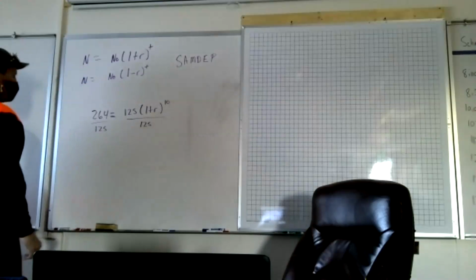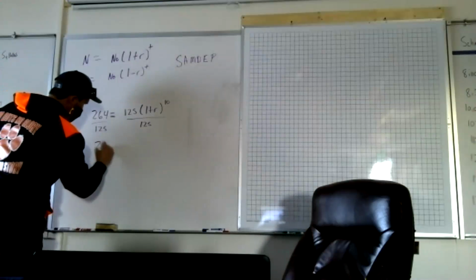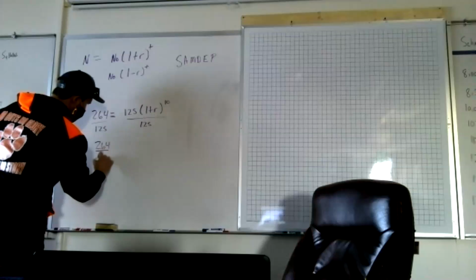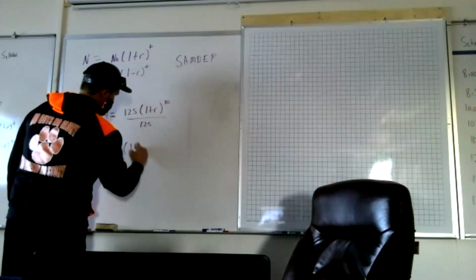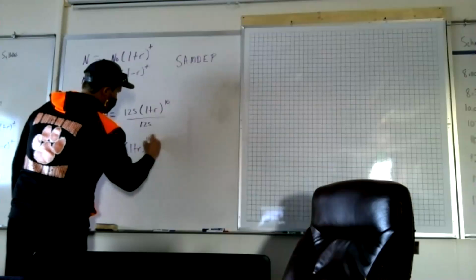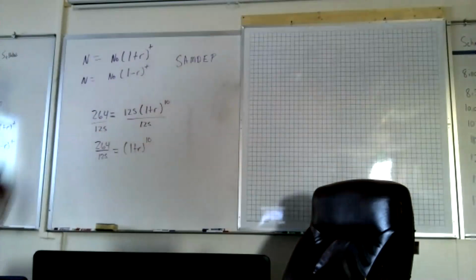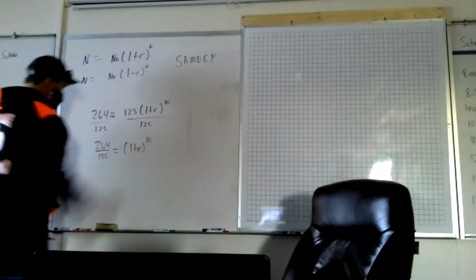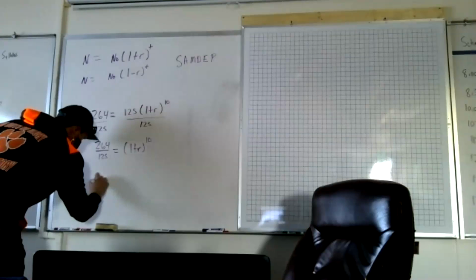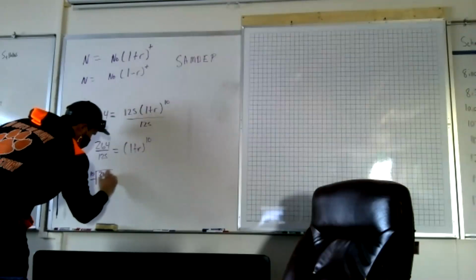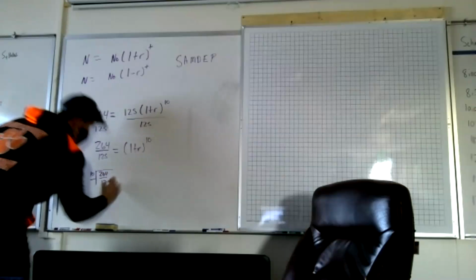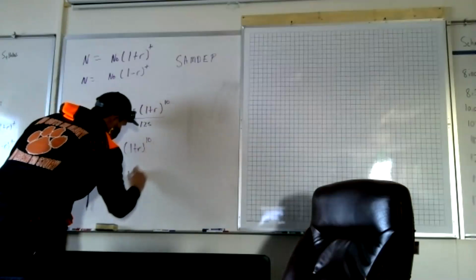So now what I'm left with is 264 divided by 125 is equal to the quantity 1 plus r to the 10th power. Now I've got to get rid of my exponent, so I'm going to take the 10th root. The 10th root of 264 over 125 is equal to 1 plus r.